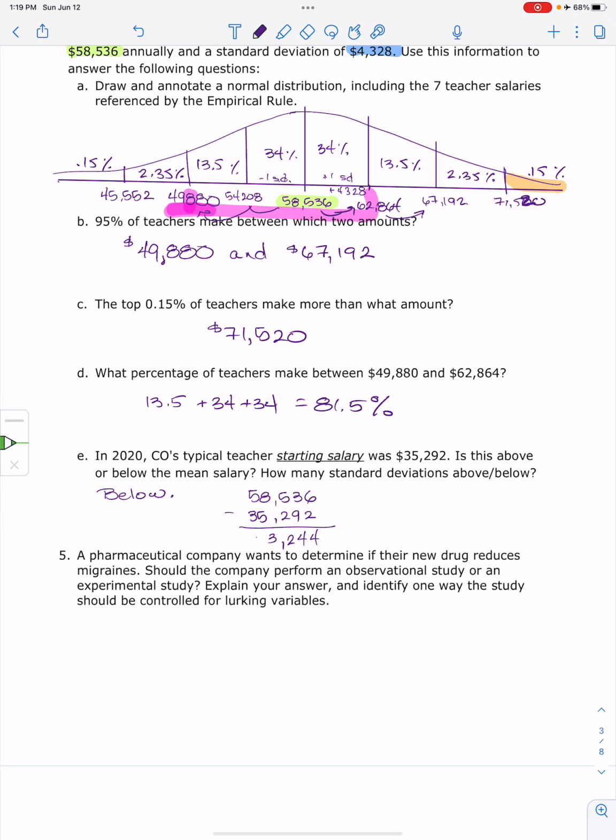When we subtract that, we get 23,244. So this is $23,244 below the mean. I want to see how many standard deviations that is. So I'm going to divide that by the 4,328. I get 5.37 standard deviations. We're going to make this negative because it is below the mean.